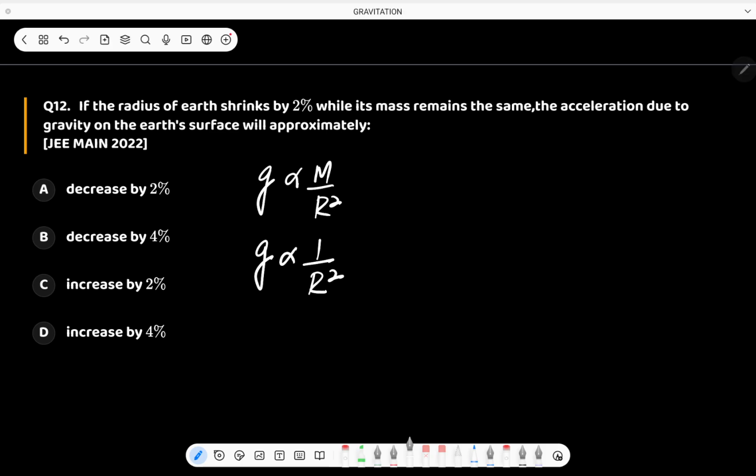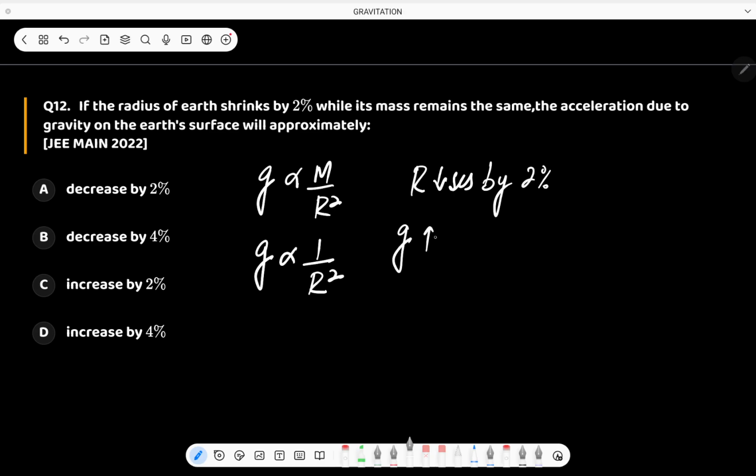Okay. अब देख ले बेटा, क्वेश्चन में ये दिया गया है that the radius of the earth shrinks by 2%. That means r decreases by 2%, which is a small percentage. So first and foremost, you tell me one thing: what will happen to acceleration due to gravity?